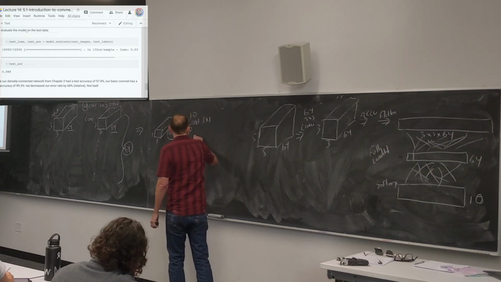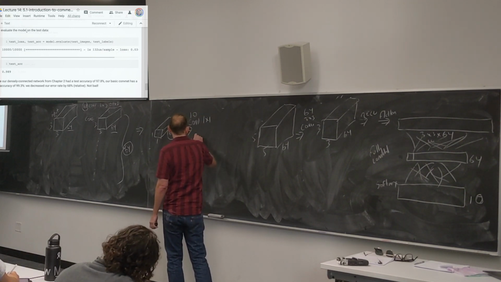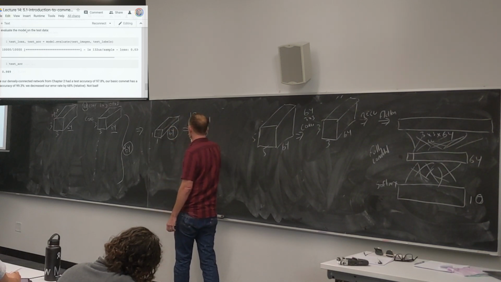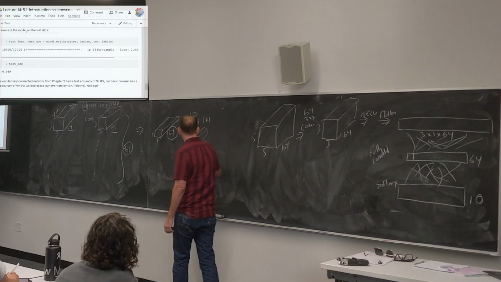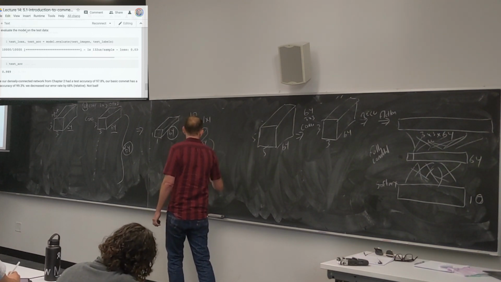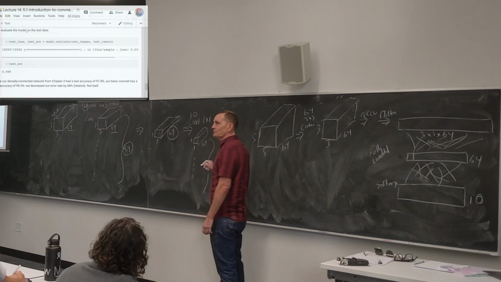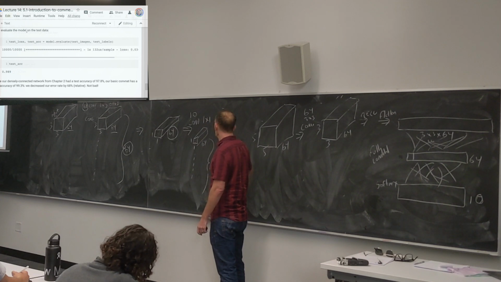So I have these little 1 by 1 convolutions. How deep are they? 64. And I have 10 of them. So what do I get as output? So 1 by 1 by 10.